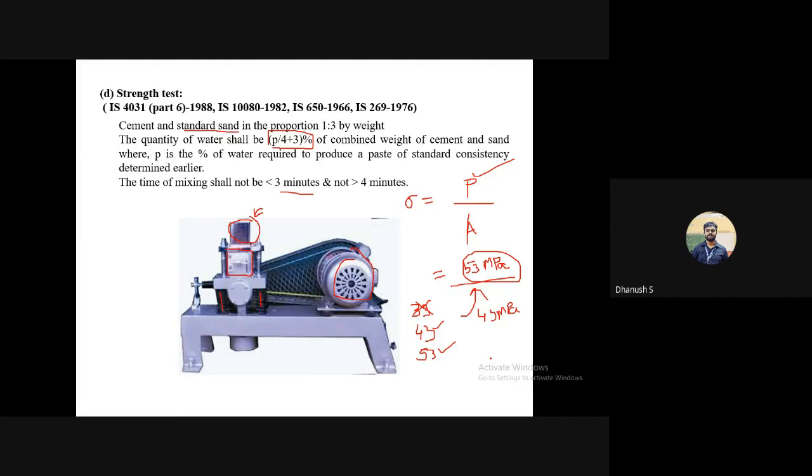There's something called well graded, and something called uniformly graded. Is this well graded or uniformly graded? Uniform. Correct. It is uniformly graded because I'm taking each weight in equal proportion.